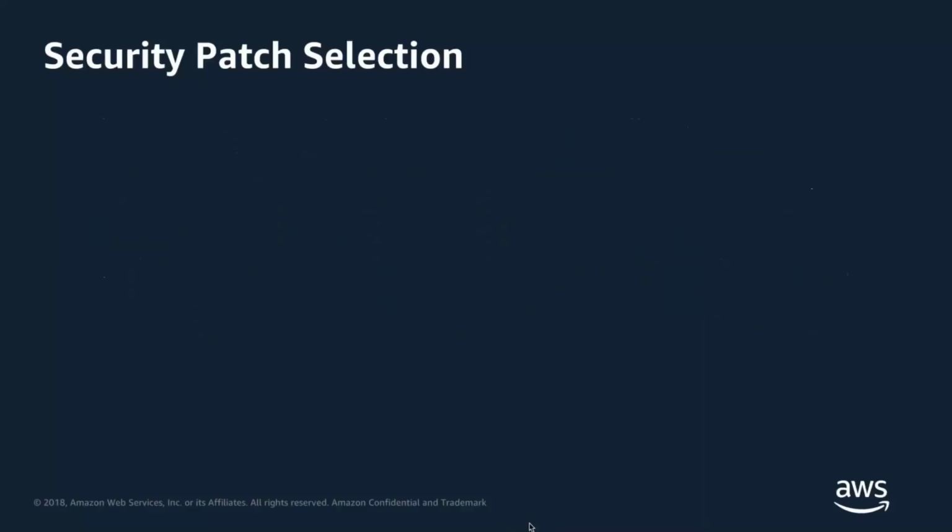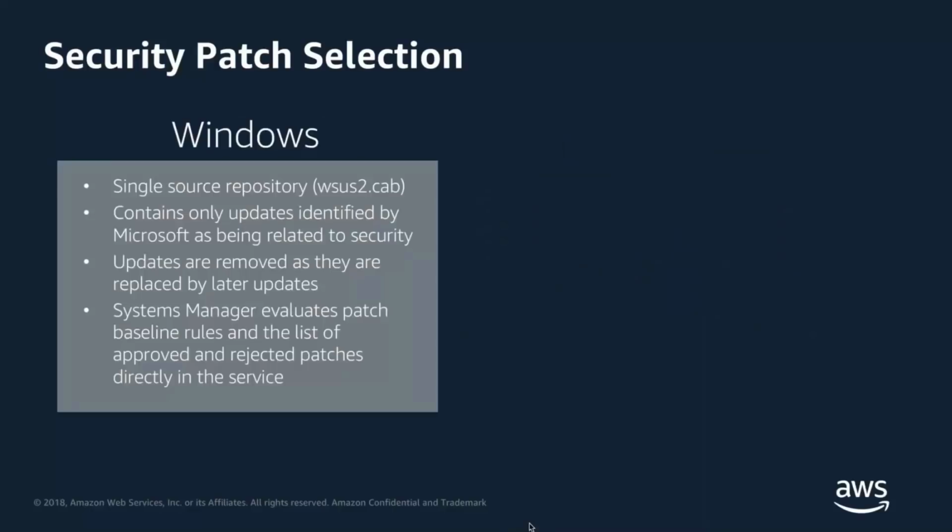For Windows patches, Patch Manager uses a single source repository, and it uses the Windows Update source cabinet file to generate a snapshot of a patch baseline. Patch Manager downloads this file regularly from Microsoft and uses it to update the set of patches available for Windows instances. And it only takes into account the patches which are identified as security patches by Microsoft.